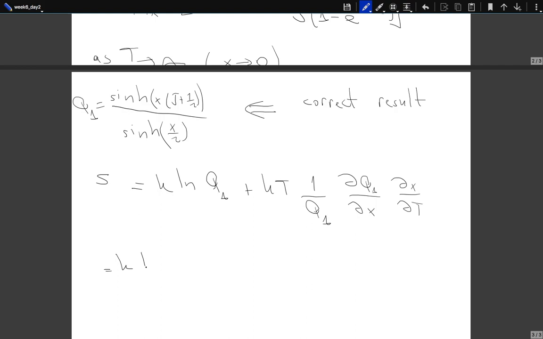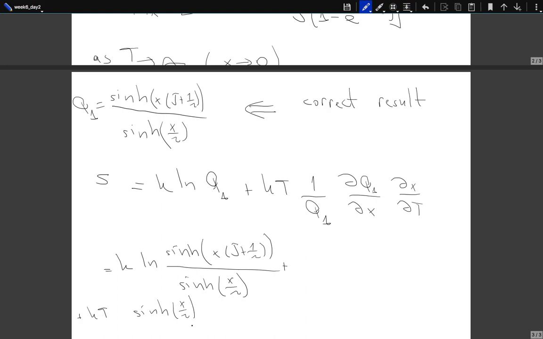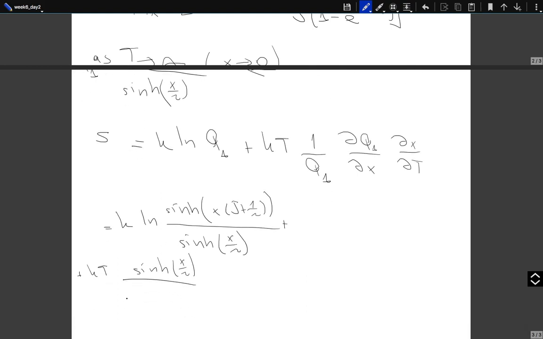This is k times logarithm of sine hyperbolic x times (j plus 1 over 2) divided by sine hyperbolic x over 2, plus kT times, well, let me just write it below, sine hyperbolic x over 2 divided by sine hyperbolic x times (j plus 1 over 2). If I take the derivative with respect to x, well, just sine hyperbolic becomes cosine hyperbolic, and cosine hyperbolic becomes sine hyperbolic.